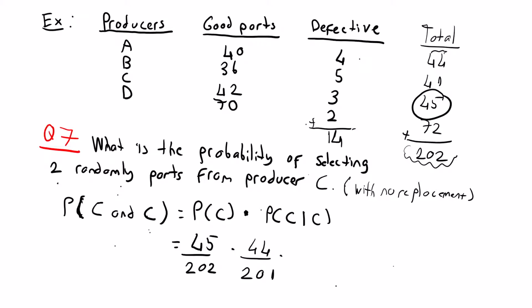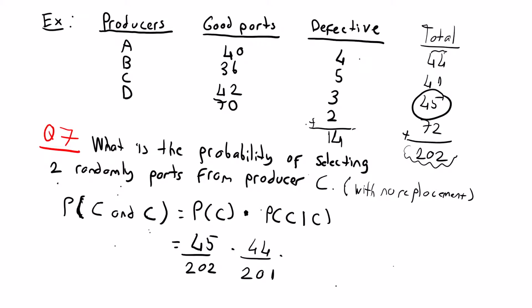Okay, so you go for the first row. There are 45 items, right? And 45 items out of 202. And as soon as you pick up the first item, you don't return it back to the container. You hold it and you go for the second trial.